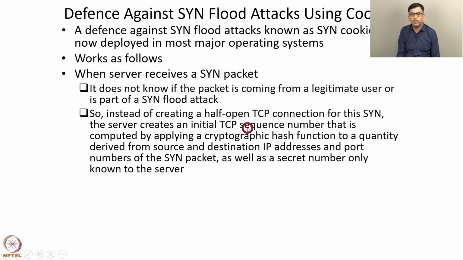Instead, it creates an initial TCP sequence number computed by applying a cryptographic hash function to a quantity derived from the source and destination IP addresses and port numbers of the SYN packet, as well as a secret number known only to the server. This carefully designed initial sequence number is called a cookie.